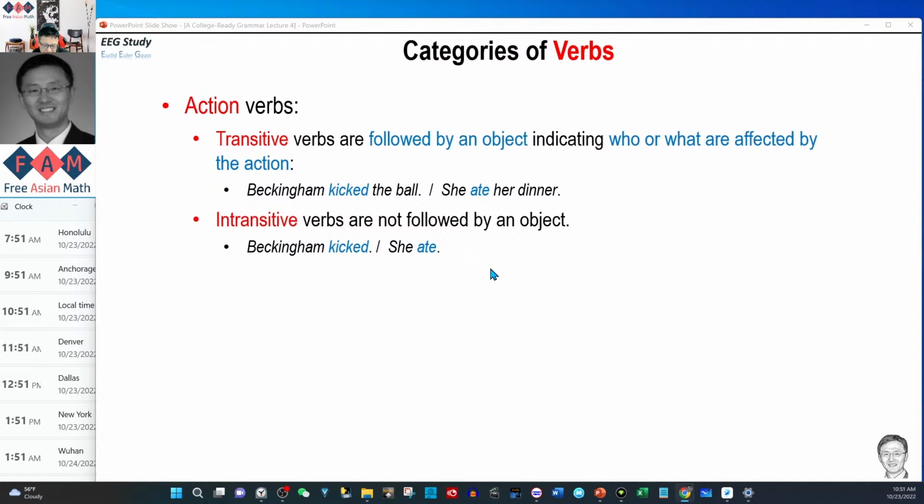I just want to quickly make a comment here. There are certain exceptions. Remember, English grammar is not like a computer language grammar, where in C++ or Java or Python, we establish the grammar before we allow any code to happen. All the code you write must conform to the grammar of that language. Otherwise, your code cannot run.